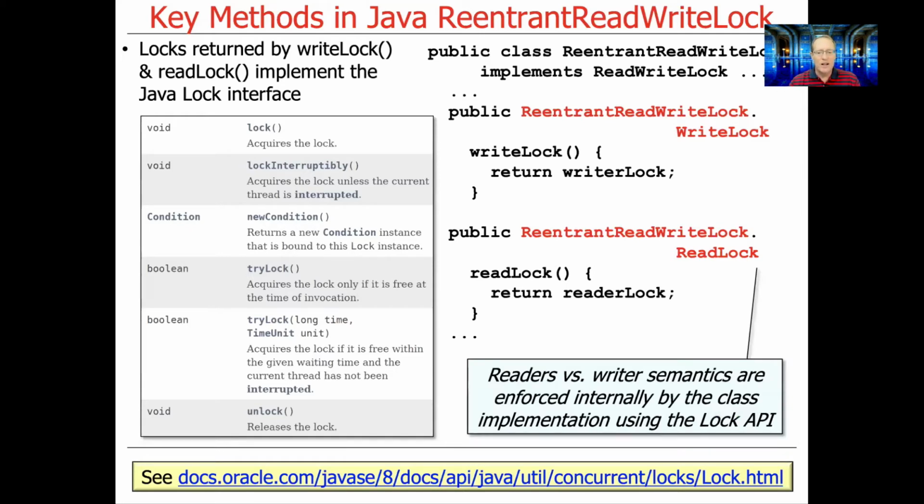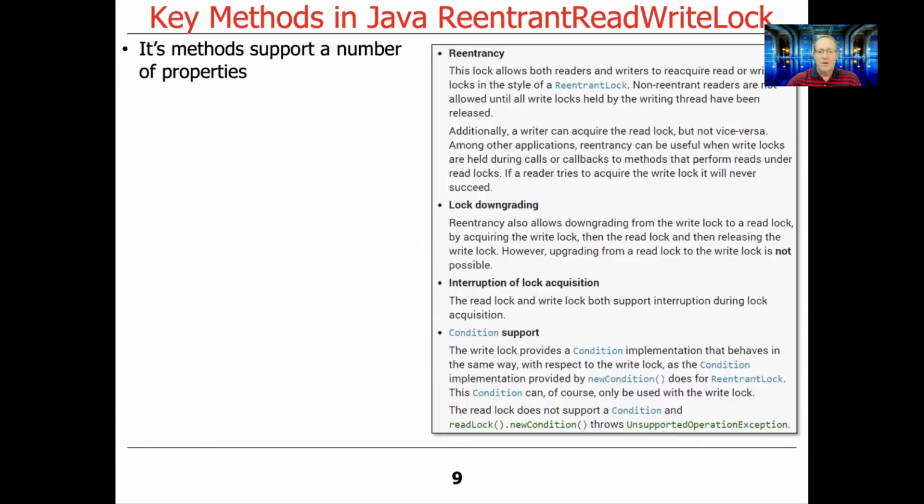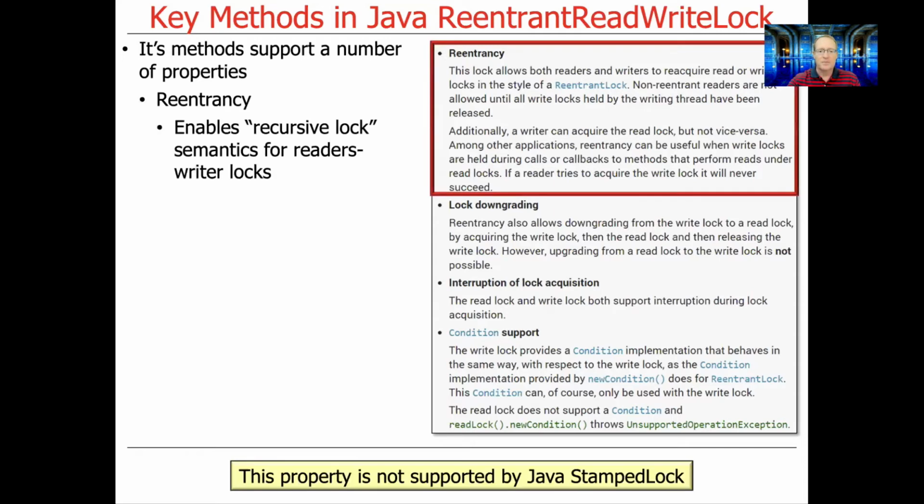And the reader-writer class semantics are enforced, of course, internally by the implementation of these different lock APIs. The methods that it provides for reader and writer locks, those methods like lock and unlock and so on, support a number of very interesting properties.